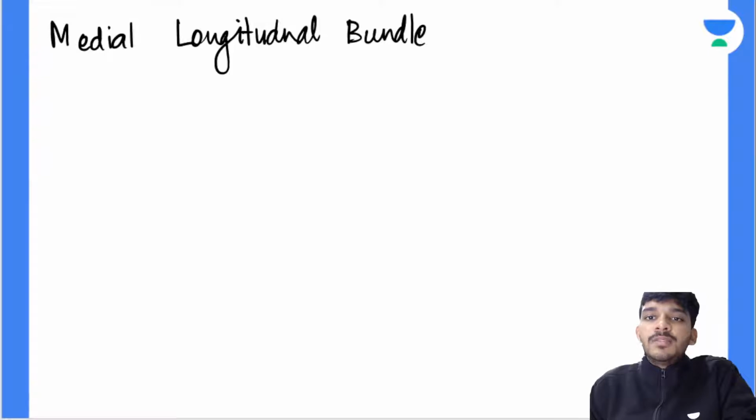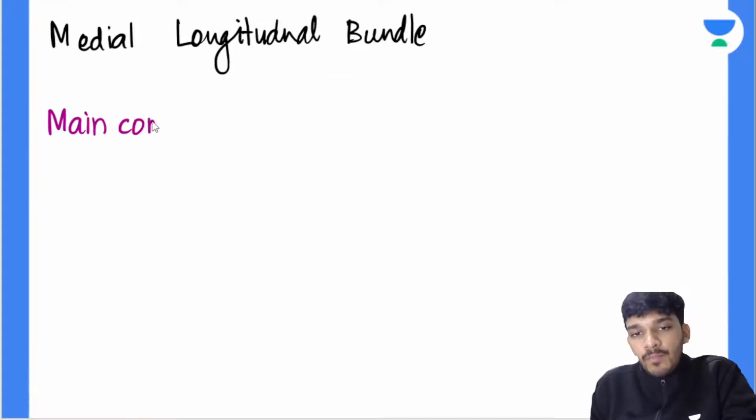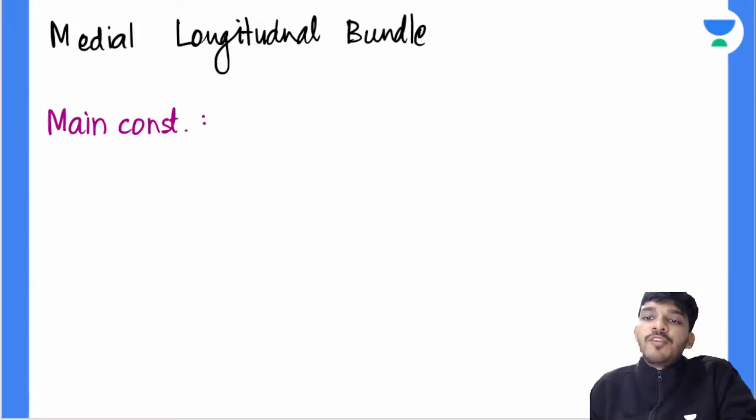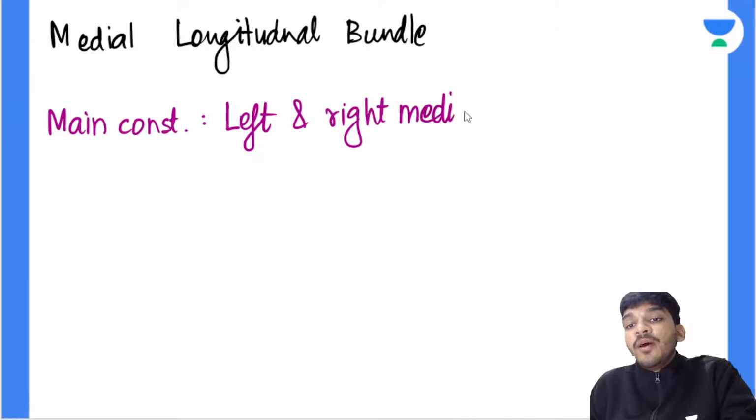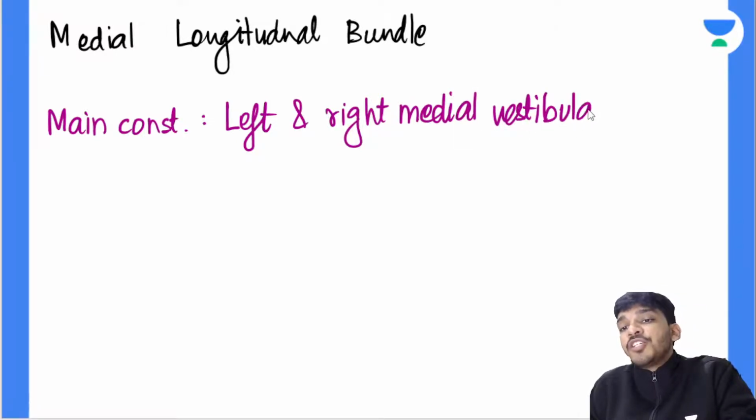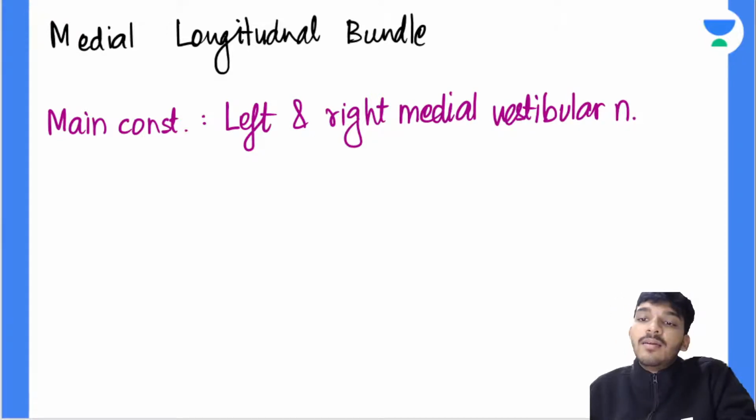So what are the constituents? Main constituent, they are the fibers from the left and the right medial vestibular nuclei. Okay, vestibular nuclei. So a very important function will be related to balance.